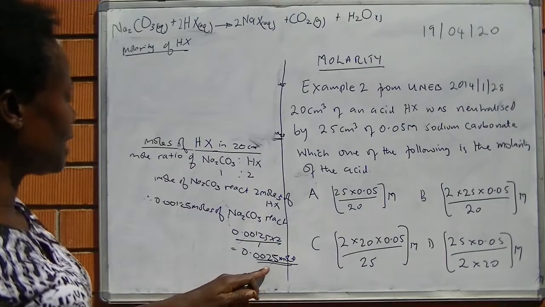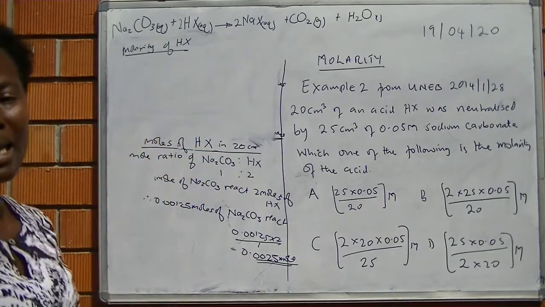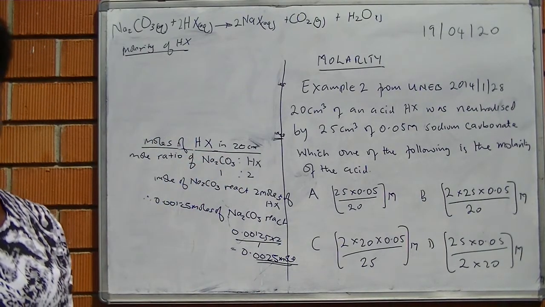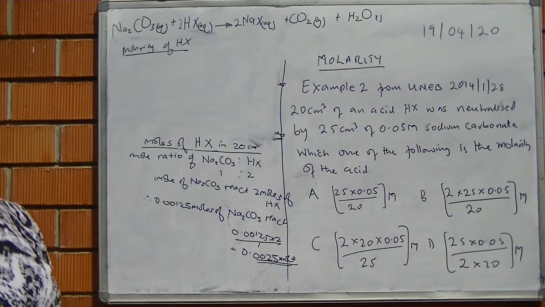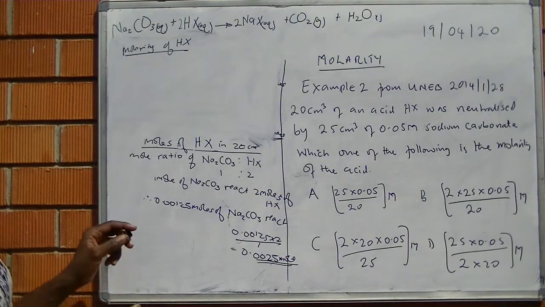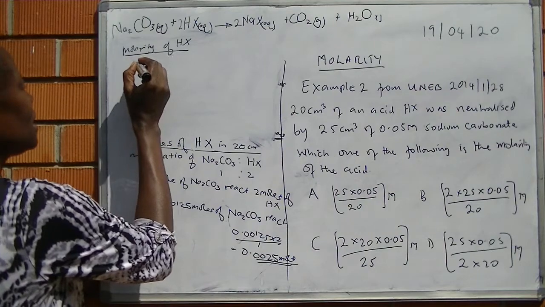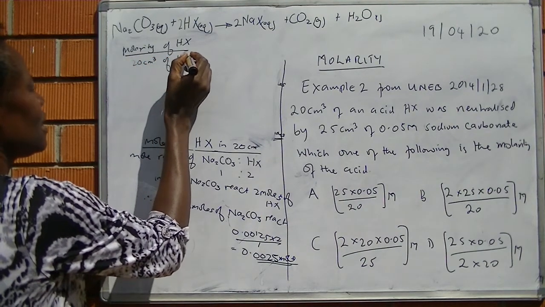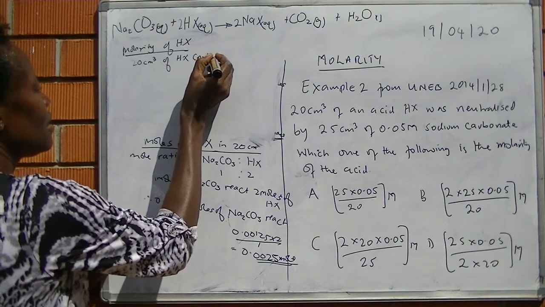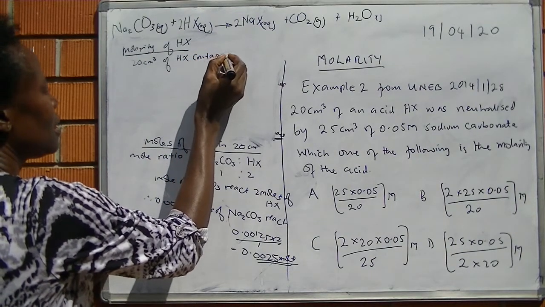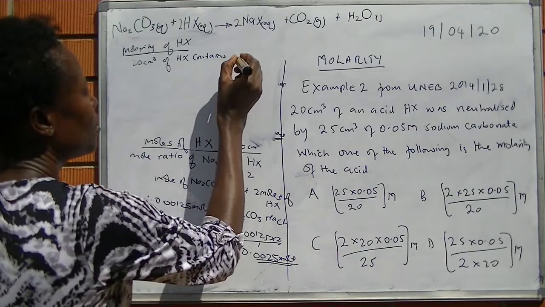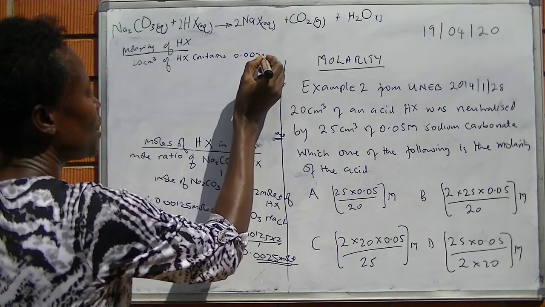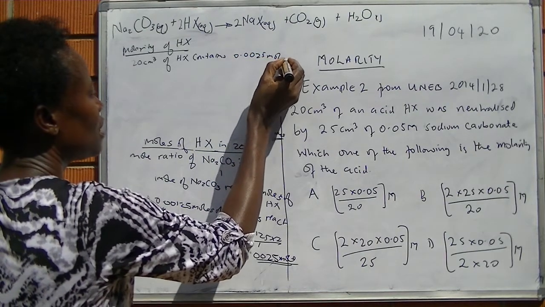So having obtained the moles that are in 20, we can as well get the molarity, or the number of moles that are contained in 1,000 cubic centimeters. This means that 20 cubic centimeters of the acid contain 0.0025 moles.